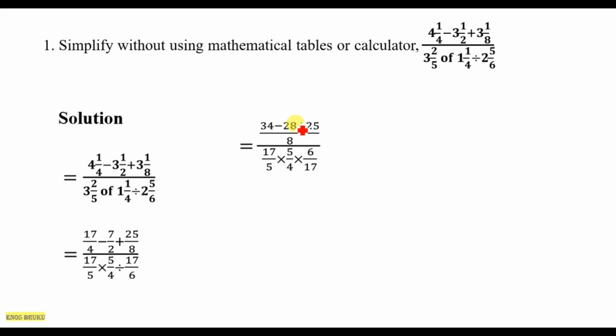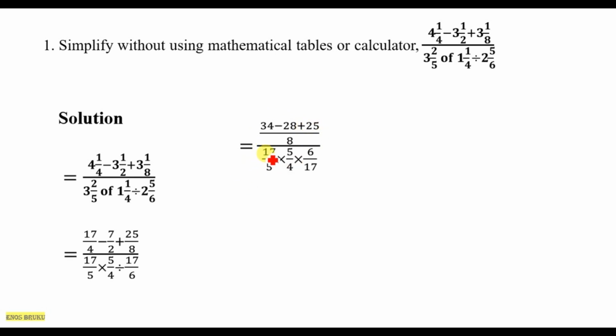Now what about 8? 8 will go into 8 once, and 1 times 25 is 25. So yes, we are almost there. Now the next part is to subtract the 28 from the 34, and then we add 25 to it.